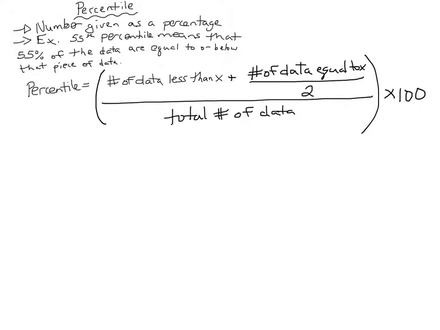Okay, so percentile is equal to the number of data less than x plus the number of data equal to x divided by 2, the whole thing divided by the total number of data times 100.